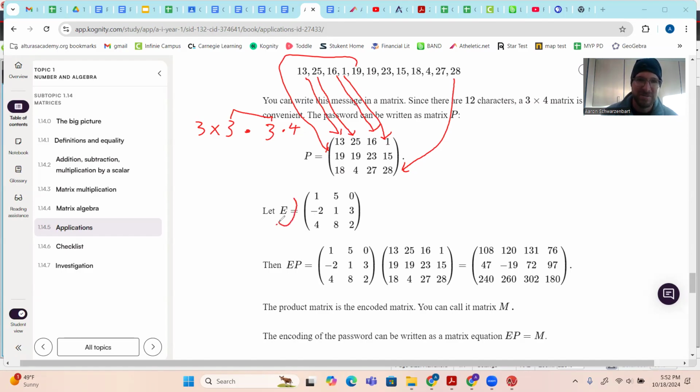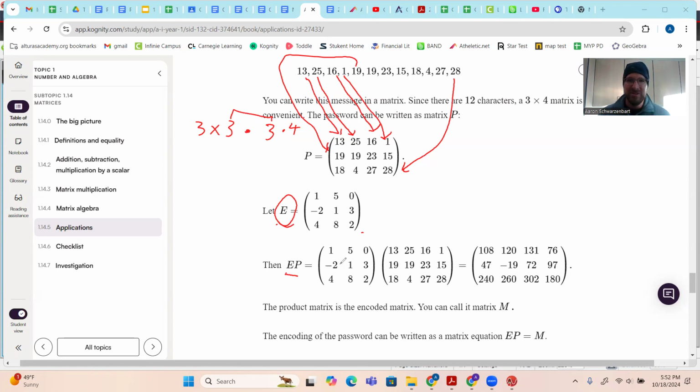This is my encryption matrix. Notice that my encryption matrix to match up here has to be left multiplied. E must be on the left, so 3 by 3. So I'm not going 3 by 4 times 3 by 3. That doesn't work. The inside dimensions have to match.